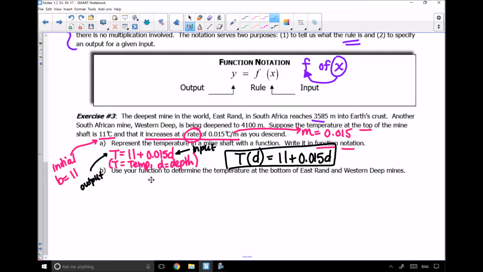Part B says use your function to determine the temperature at the bottom of East Rand and Western Deep mines. So we know that East Rand reaches 3,585 meters. So East Rand, we know it reaches this depth right here. So that's going to be your D value, or your input.